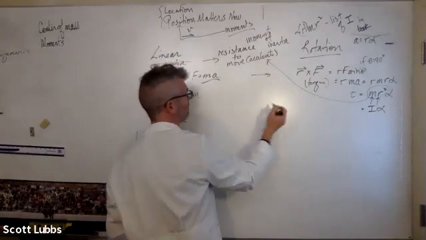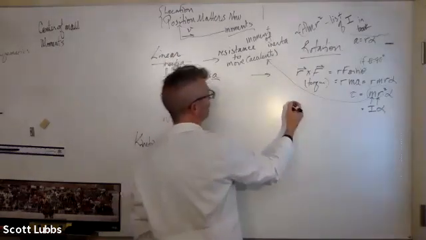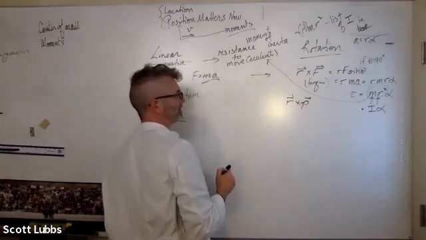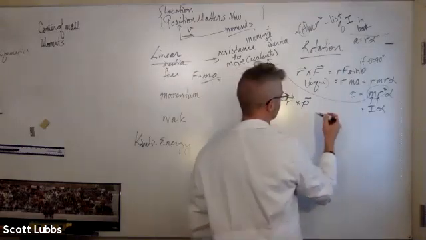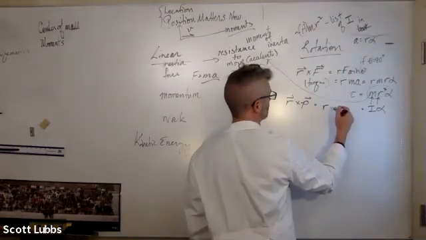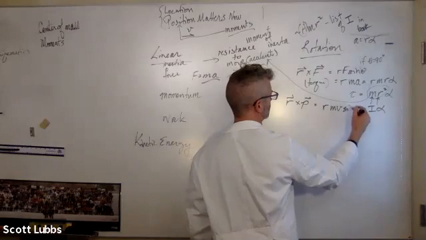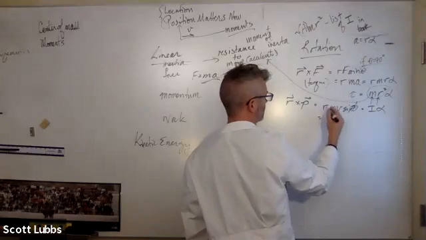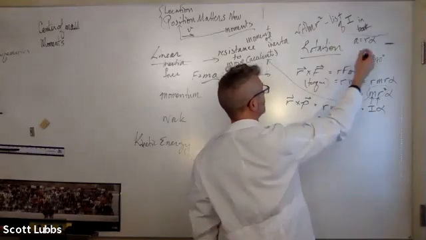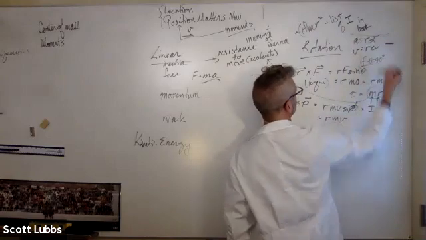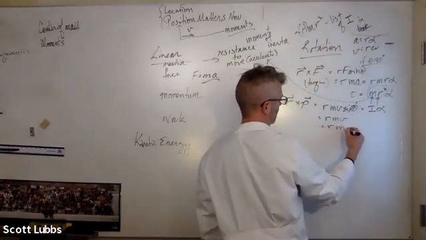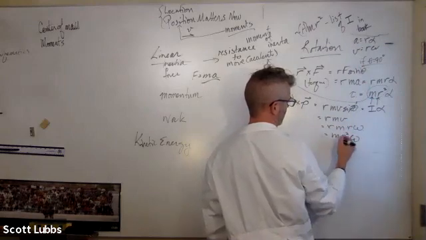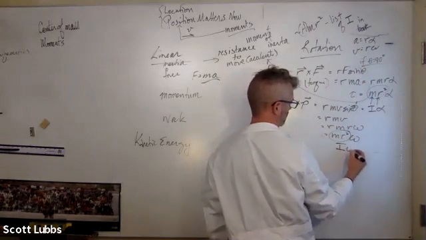What about momentum? That is my moment of momentum. Nobody says that, but that's really what it is. r cross the momentum, r mv sine theta. And again, we make theta 90 degrees. That turns into 1. r mv. v is r omega. r m r omega. Oh, look, there's that m r squared again, and omega. I omega.